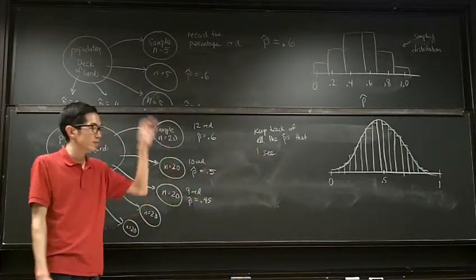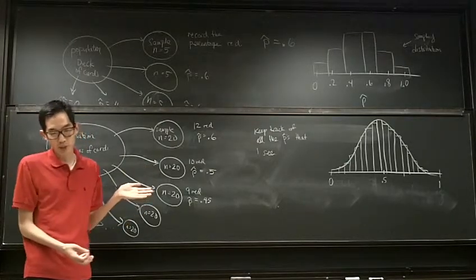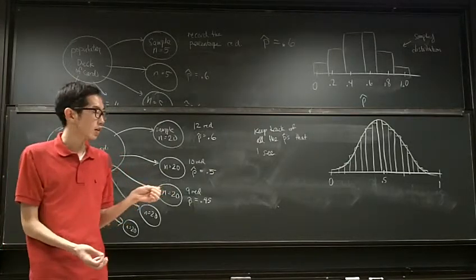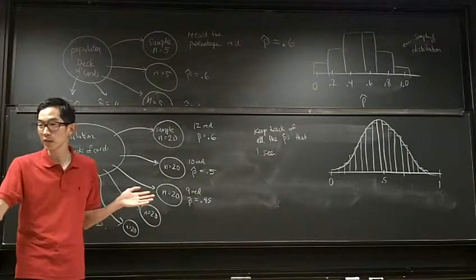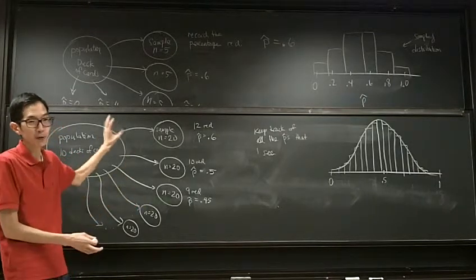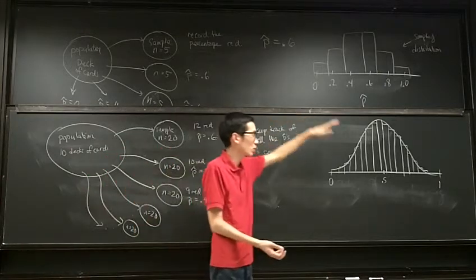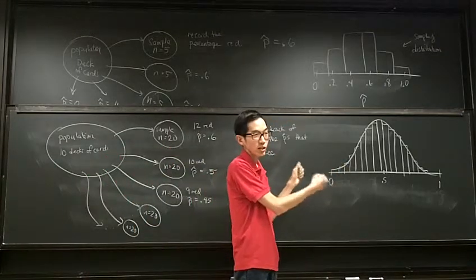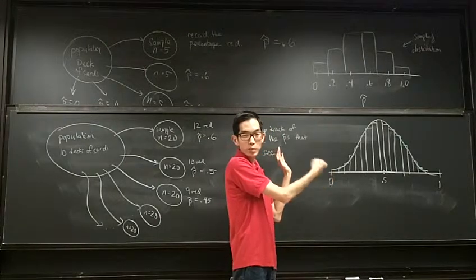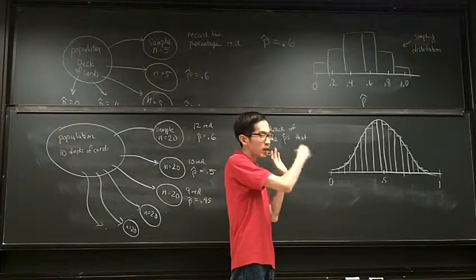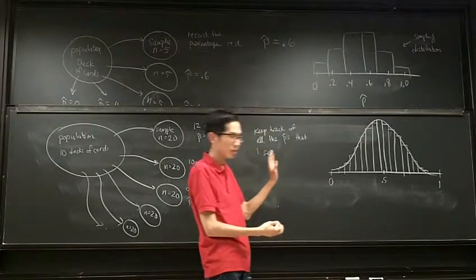Every time I look at a pack of 20, I'm counting what proportion are clubs, okay? Then that distribution will be centered where? 0.25. 0.25, because 1/4 of the deck is clubs, okay? So whenever I draw out a pack of 20 and I count the proportion that are clubs in my sample, maybe I get more than 25% clubs, maybe I get something less, but it'll probably be around 25% clubs most of the time. Okay? Does that make sense?